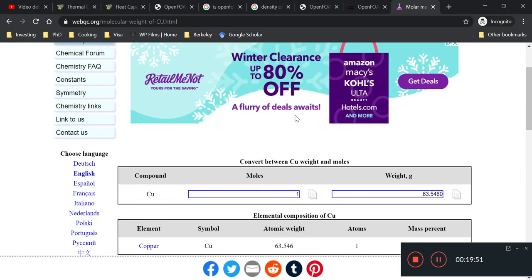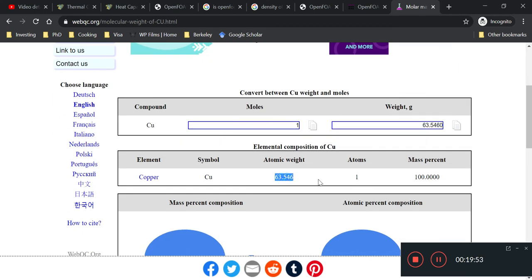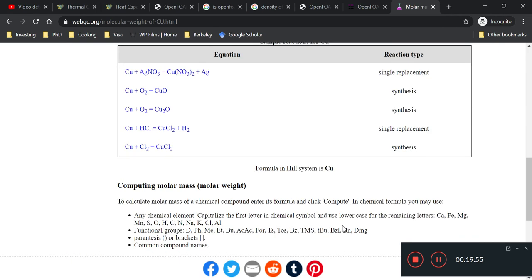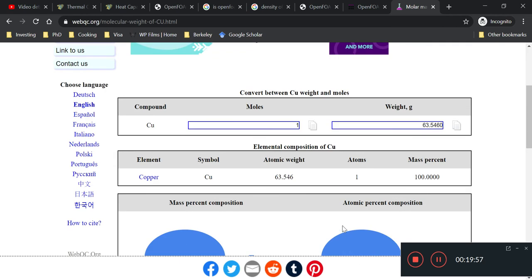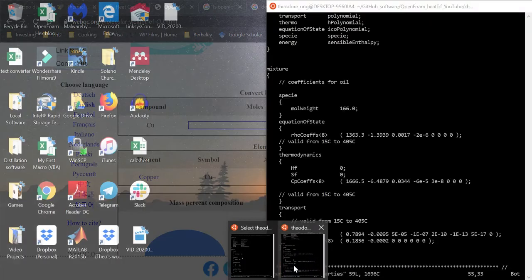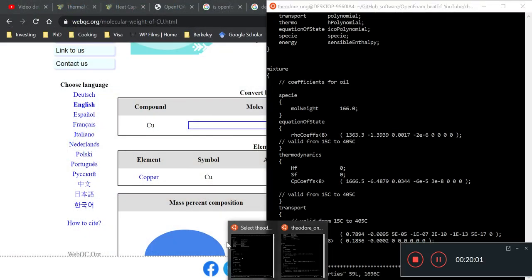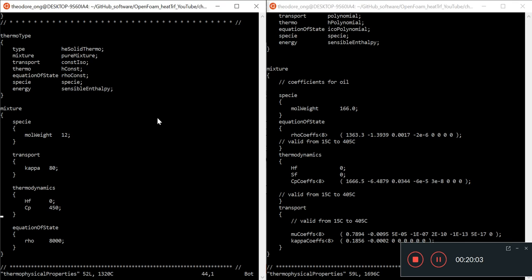No, that's the isotope. Or maybe there are some other isotopes as well, but anyway, that's the atomic weight. So let's key that in. 63.546. We'll just key in the relevant data here.